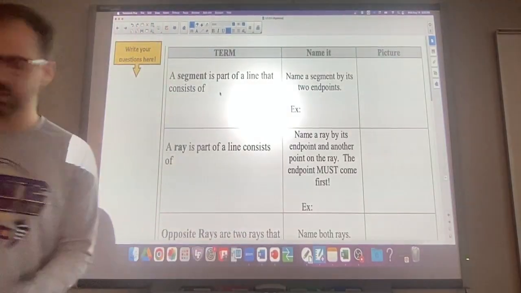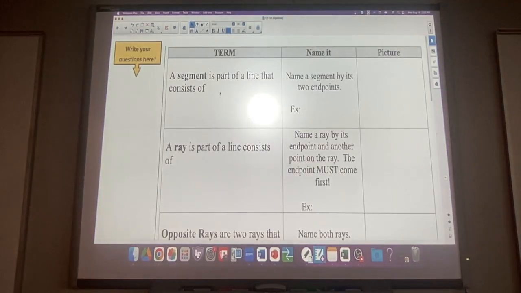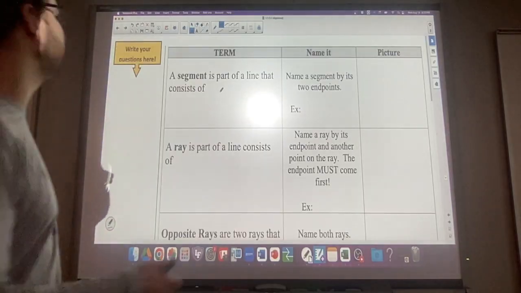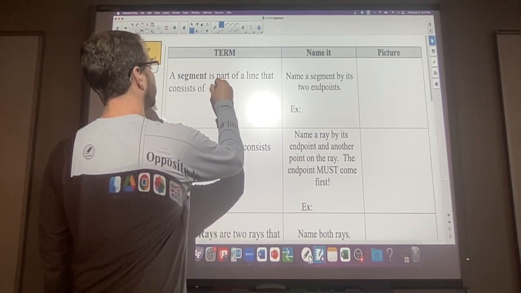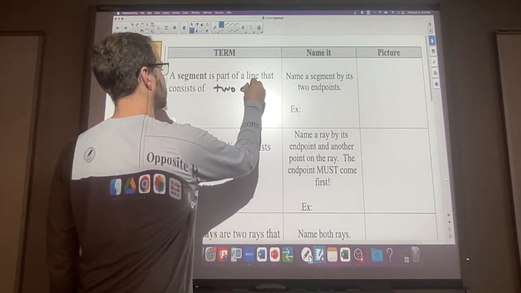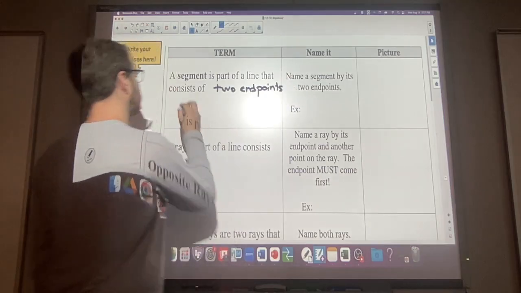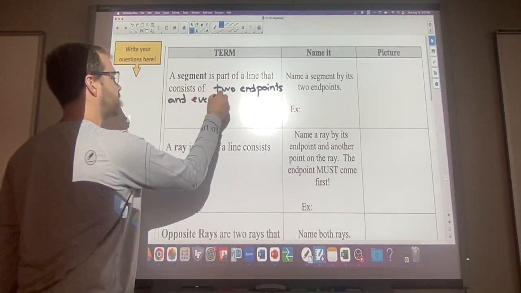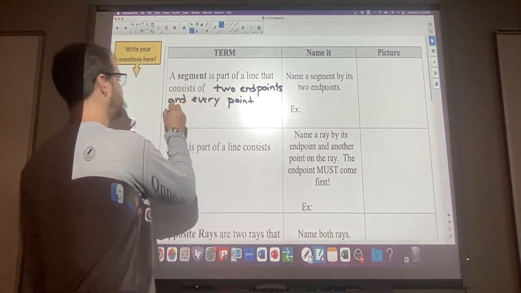Okay, we gotta talk about segments. A segment is part of a line that consists of 2 endpoints and every point in between.